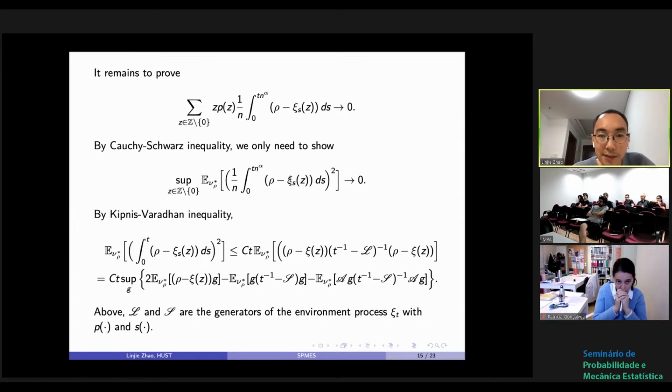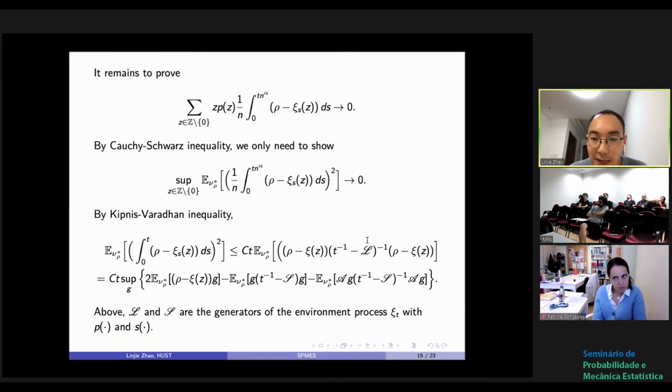This term is an additive functional, and because the process is stationary, the usual way to bound an additive functional of a stationary process is by using the Kipnis-Varadhan inequality. So we bound this term by C times t times this quantity, which is called the H minus 1 norm in the literature.